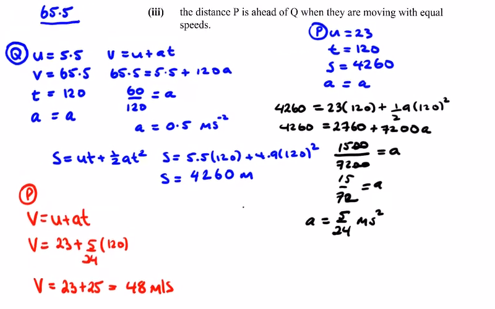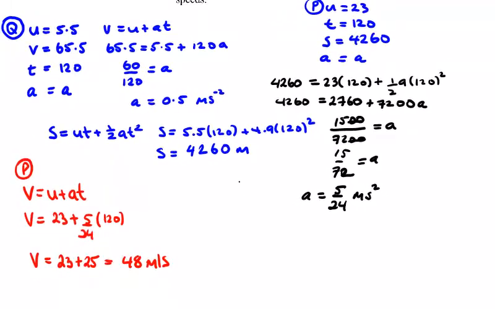For P, we have 23 plus 5 over 24 times t. That's the speed at any time. That would have to be equal to u plus at on the other one. So 5.5 plus a, which we got to be a half, 1 over 2 t.